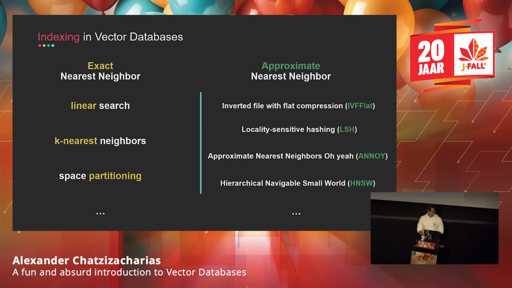K nearest neighbors is, of course, something that we've heard over the years a couple times. Personal favorite, approximate nearest neighbors, oh yeah. Shout out to Spotify for just naming the algorithms like that. And hierarchical navigable small worlds, which is a very interesting way to index this.